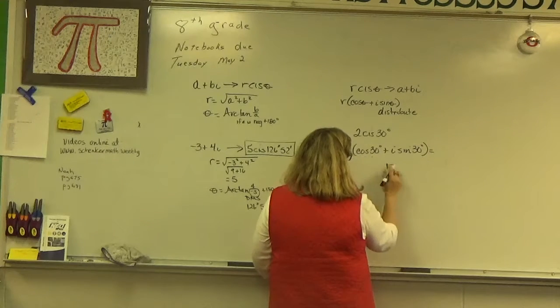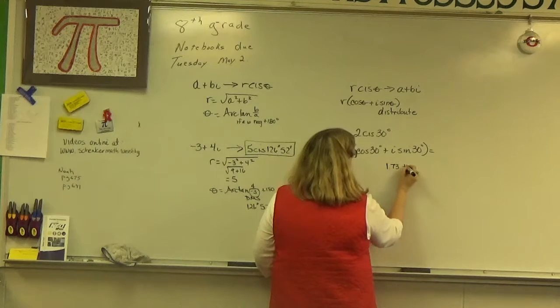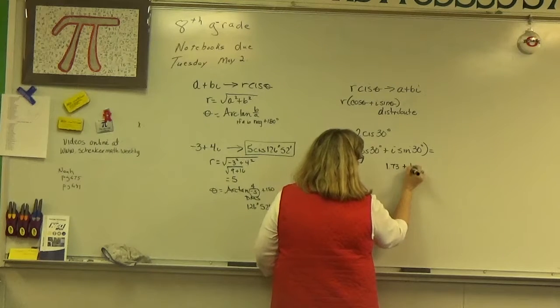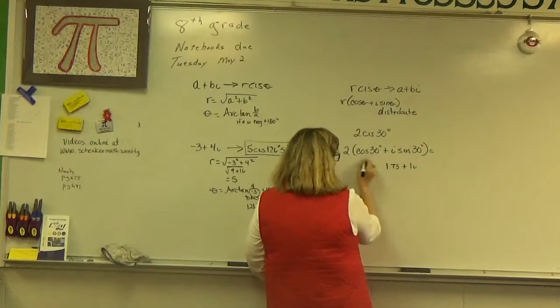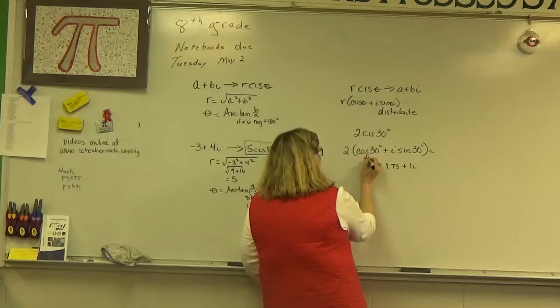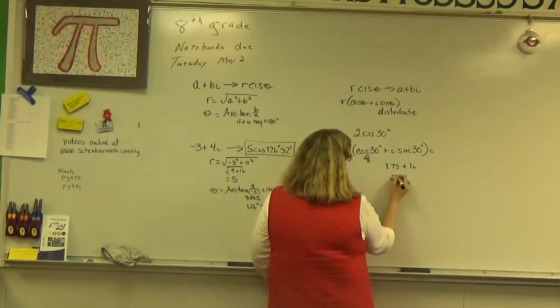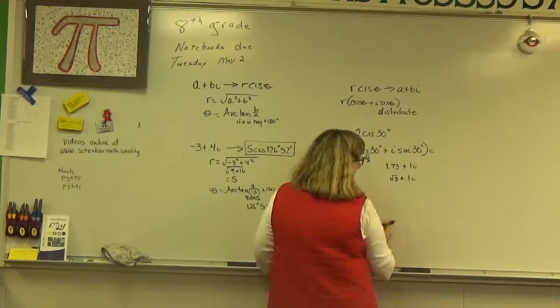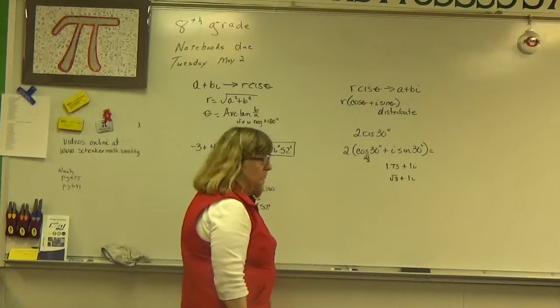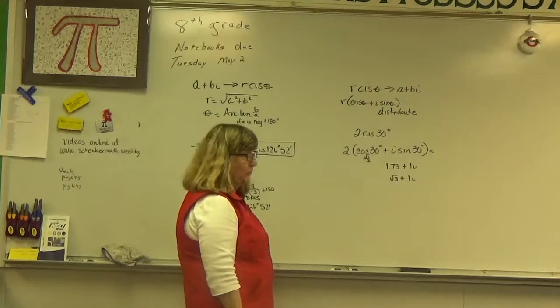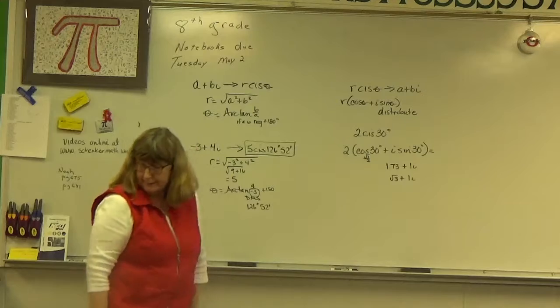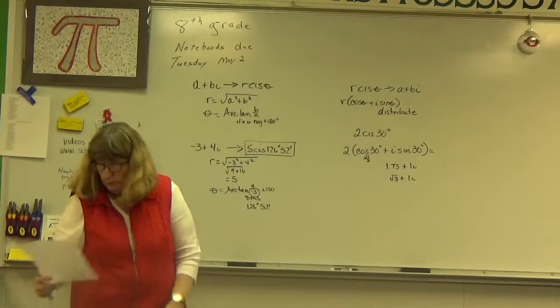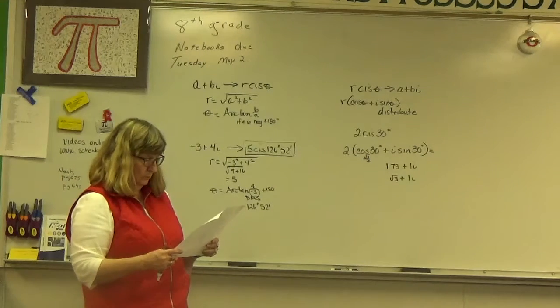Okay, so this should be 1.73, right? And this should be the 1i, right? Or you could have used the exact value: the cosine of 30 is the square root of 3 over 2, so the 2's would cancel and I'd get the square root of 3 plus 1i. And either one of those would be the same thing, if you use your chart. Next, what was the next one?